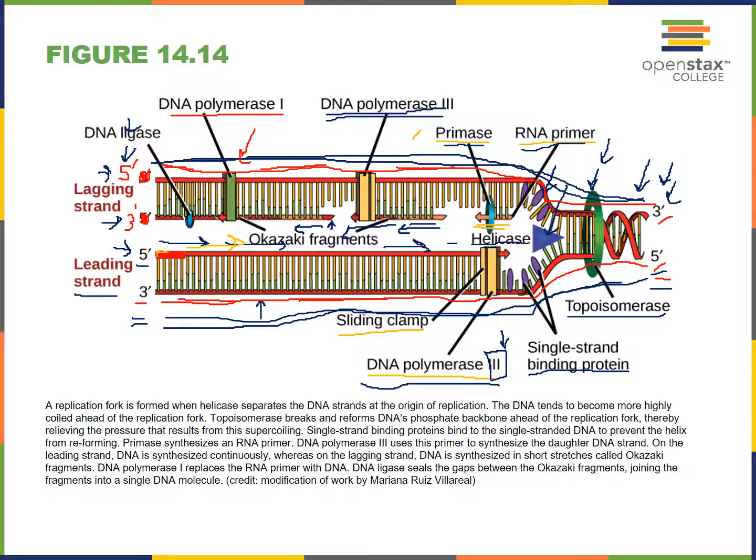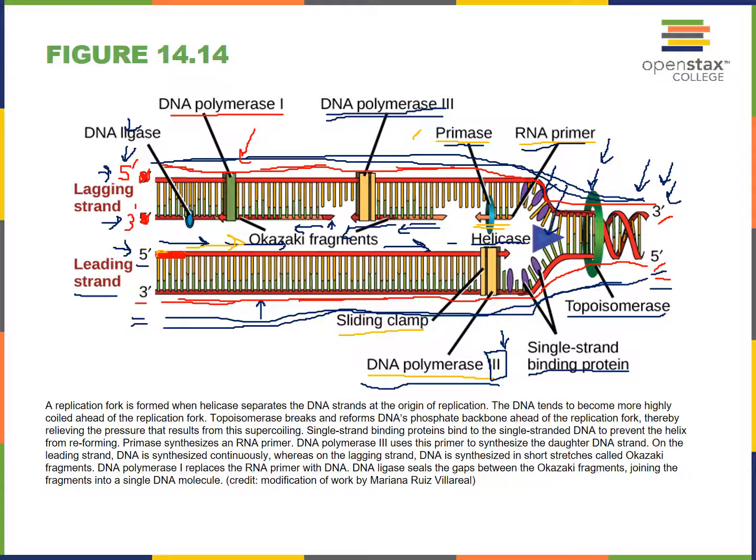If the template says G, it'll take out the C RNA nucleotide and add a C DNA nucleotide. If the parental strand says A, it will take out the uracil RNA nucleotide and add the thymine DNA nucleotide.